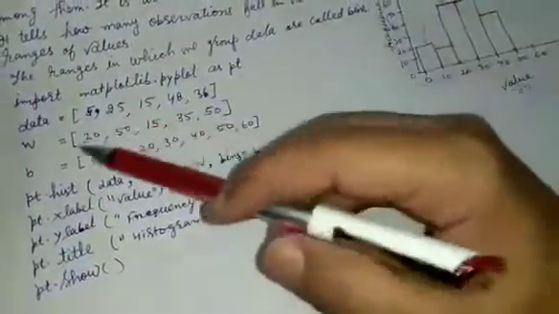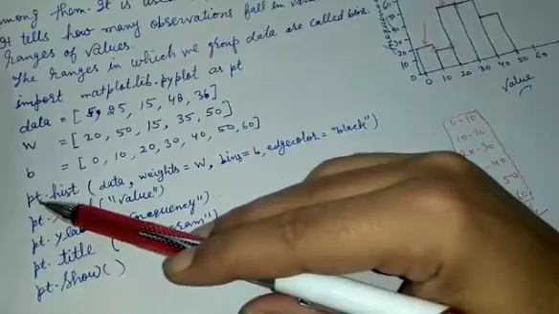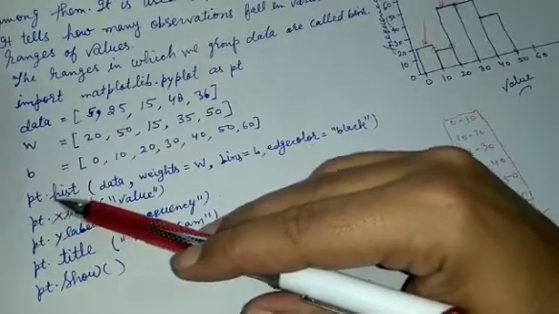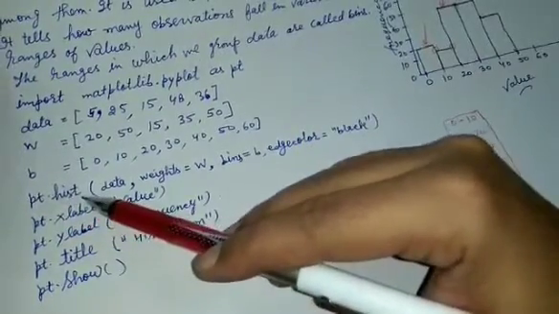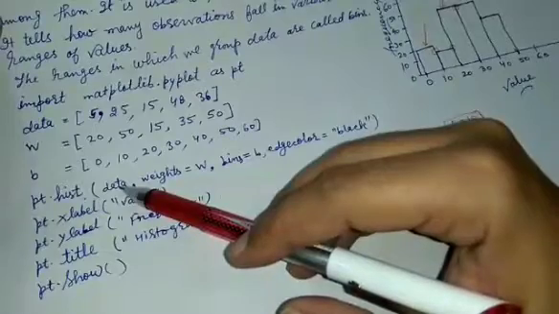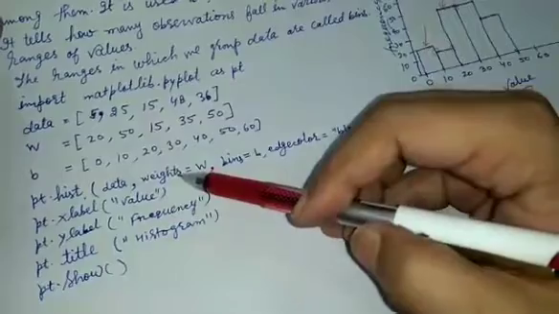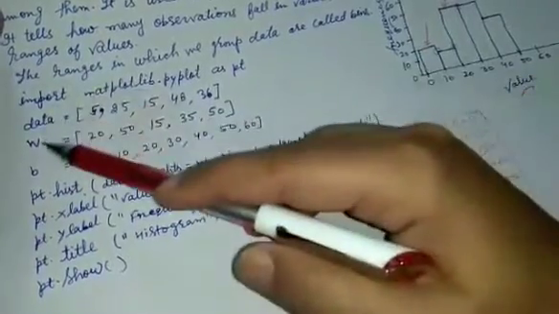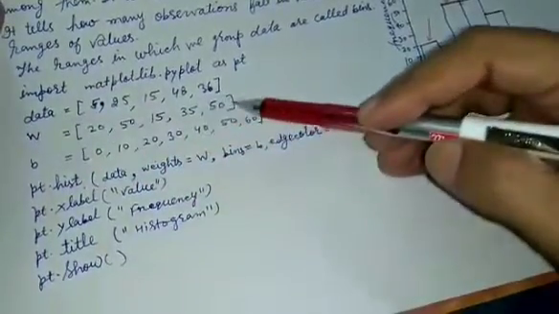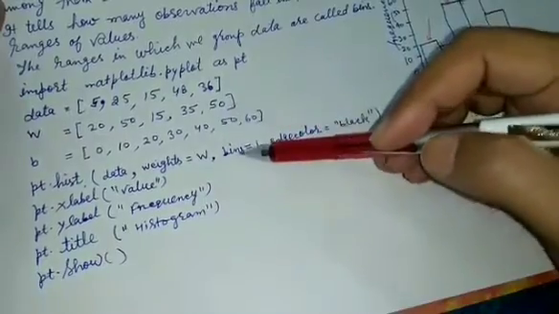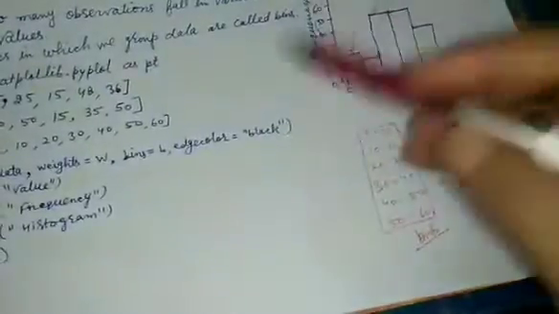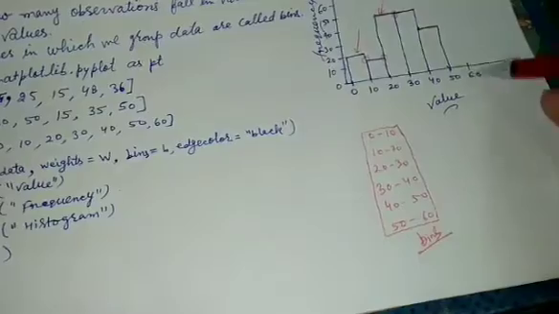Okay, so let's take this example further. To plot a histogram, we have the hist function, plt.hist, data meaning values on the x-axis. weights is equal to w. The w is the list we have created for the y-axis, and bins are the horizontal distribution of the x-axis.